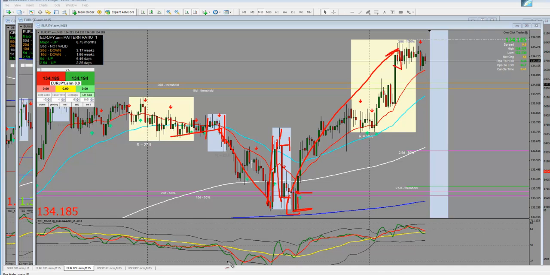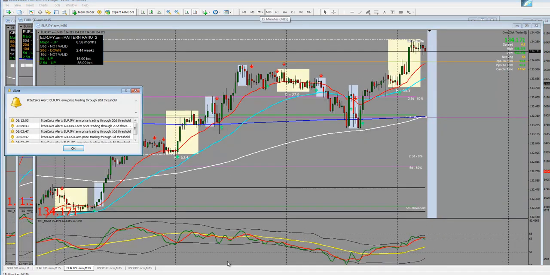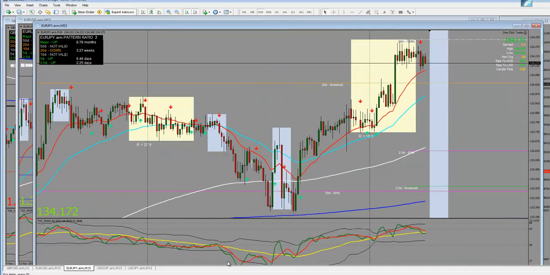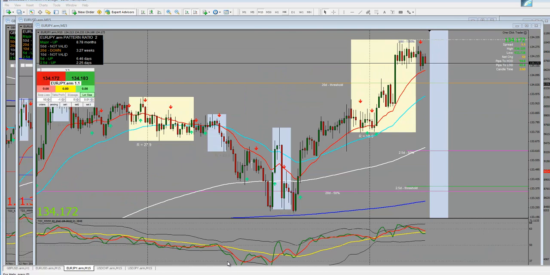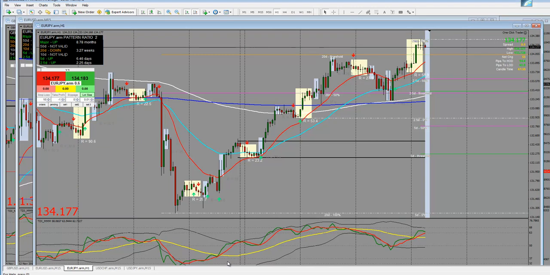Nice profit. Alright, so now this level has been broken, and I'm sure the indicator will change this for me if I just swap the time frame. Looking at the hourly chart, it tells you here, alert, the price is on the 20-day threshold level.